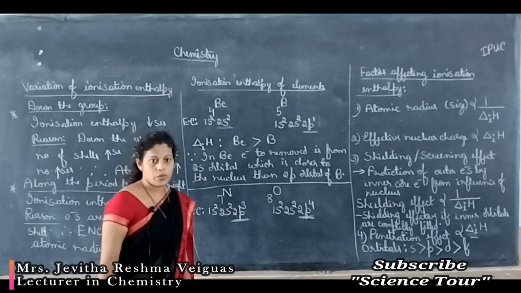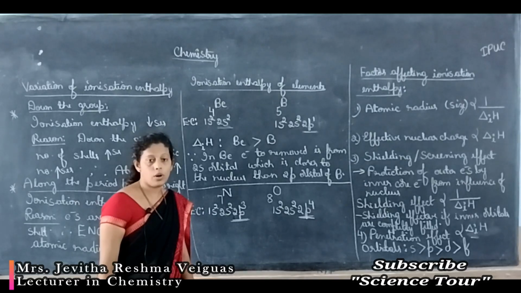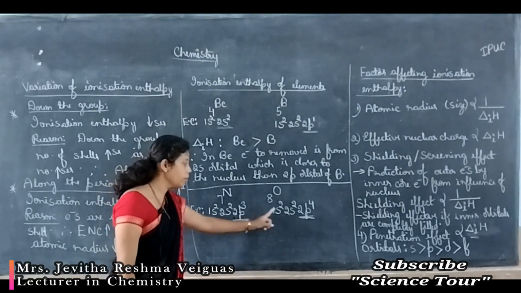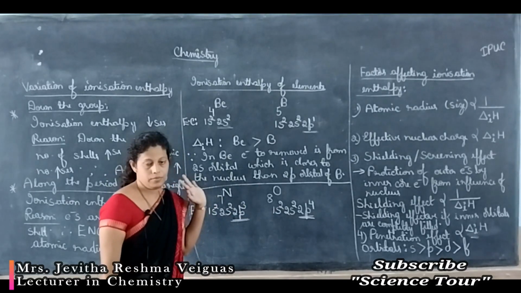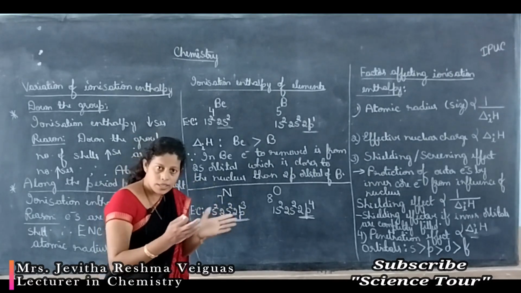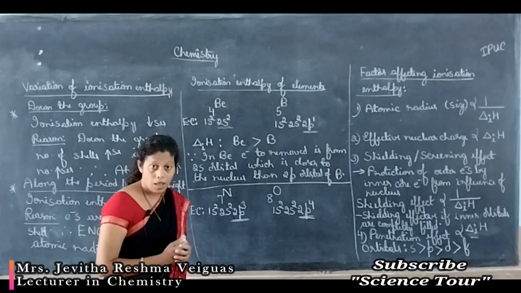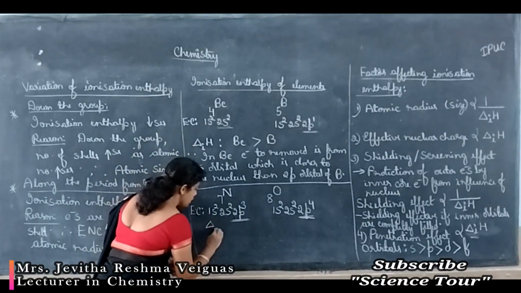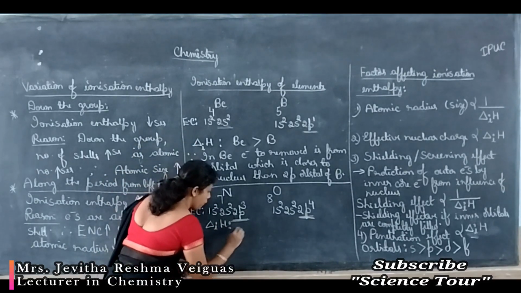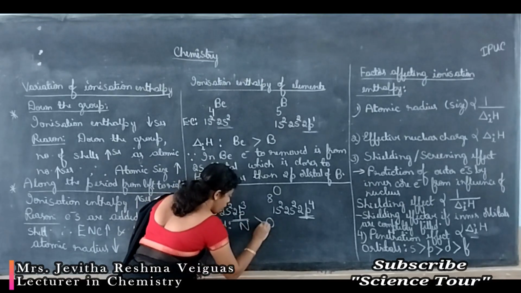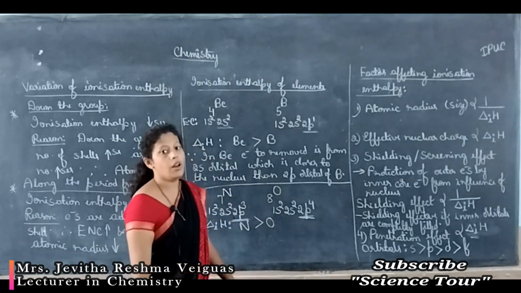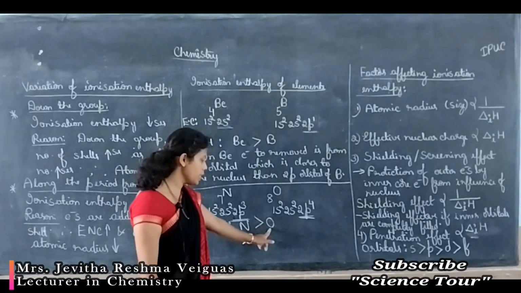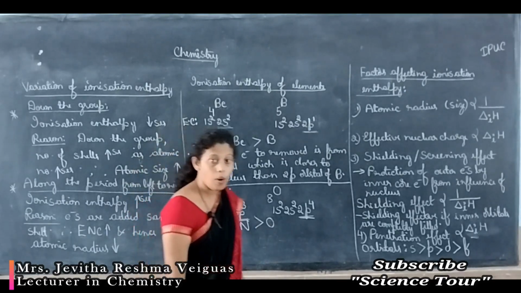In both the cases, removal of electron should be done from 2p orbital. Means closeness to the nucleus is same. But if you compare ionization enthalpy of nitrogen and oxygen, what do you find is nitrogen will always have greater ionization enthalpy than oxygen. Why?